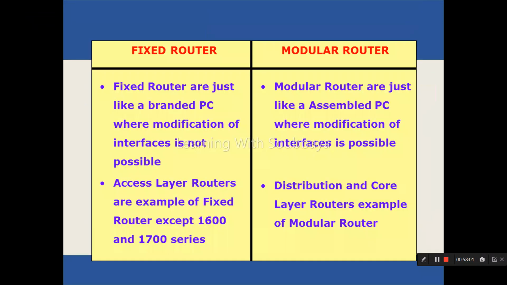There are different types of components available. Routers are classified into fixed routers as well as modular routers. A fixed router is a router where we cannot replace the components. A modular router is one where we can replace the components.